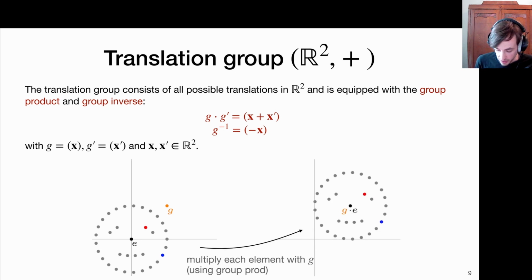So we multiply every point in space with G on the left, which means we're translating the nose to this point, we're translating this red point over here by multiplying it with G over there. So if we call this blue point G prime, then the point that we see over here is G prime with G multiplied on the left, which essentially means we have x plus x prime, if we look at it in this parametric form.